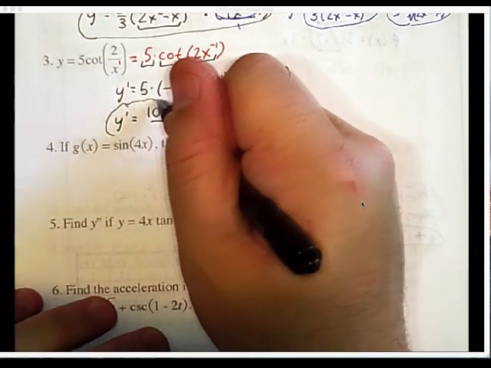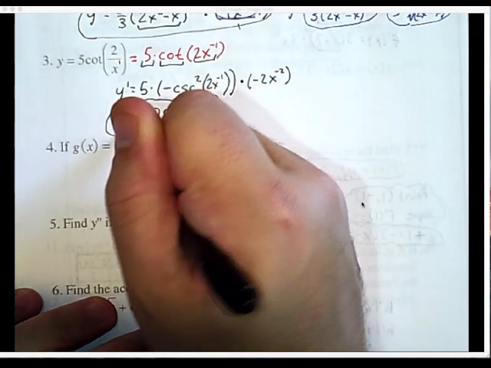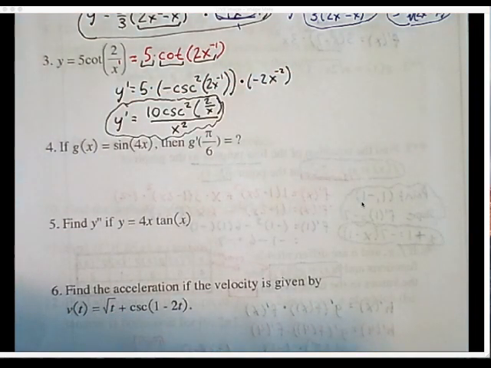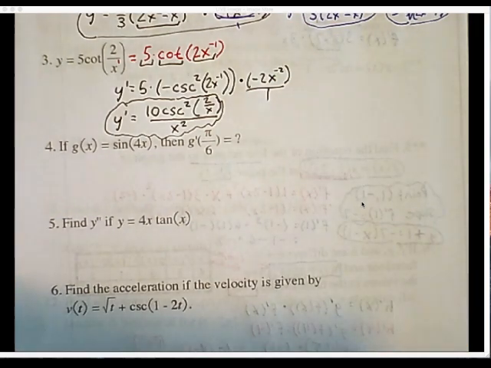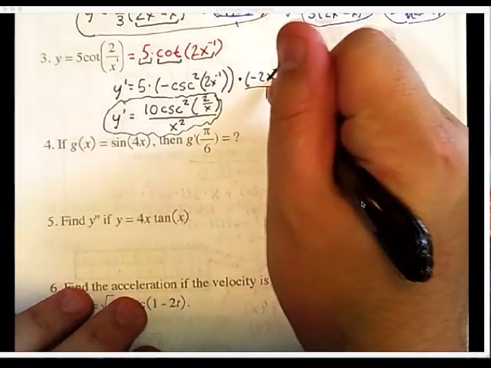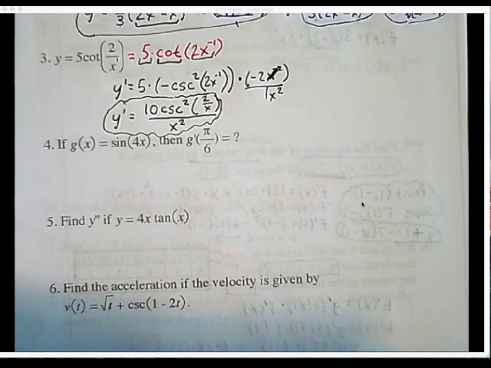Okay, so this is probably the way the answer would appear. So I can get rid of this and move it back to the denominator. That's what I did there.